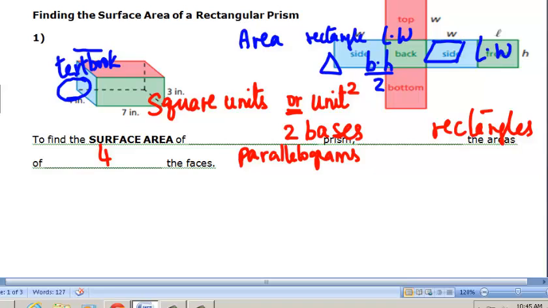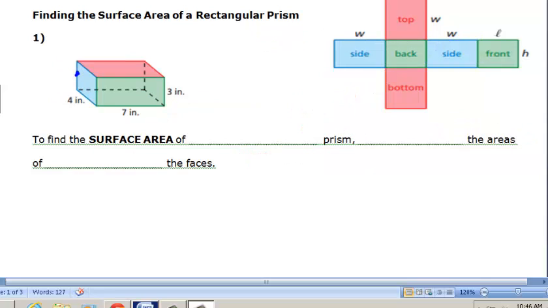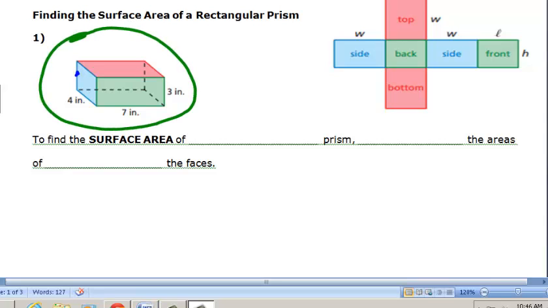Okay, in order to find the surface area of this figure given here, and it could be any prism, we are going to add up the areas of all the faces that are here. That's all there is to it.